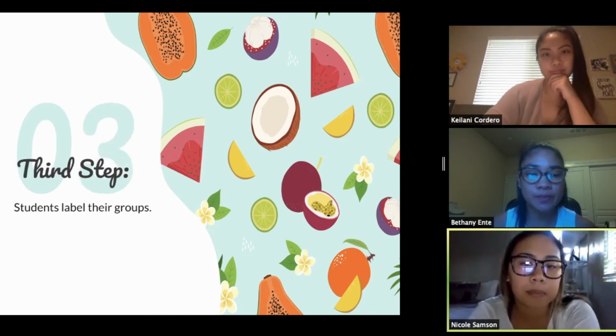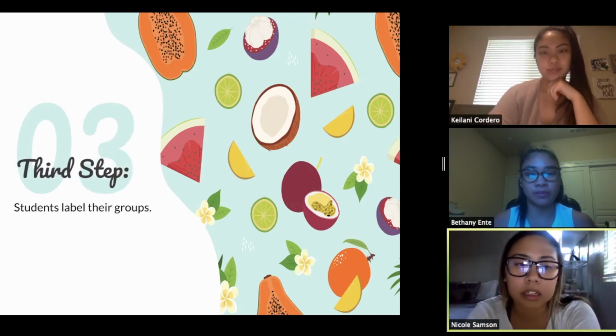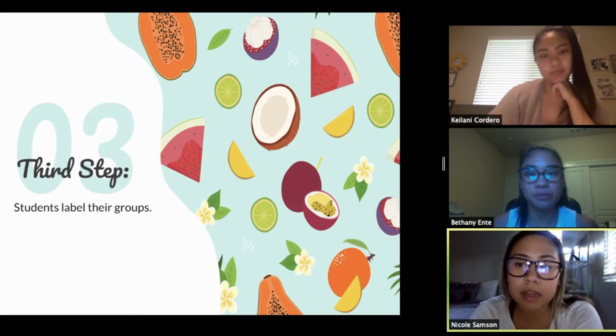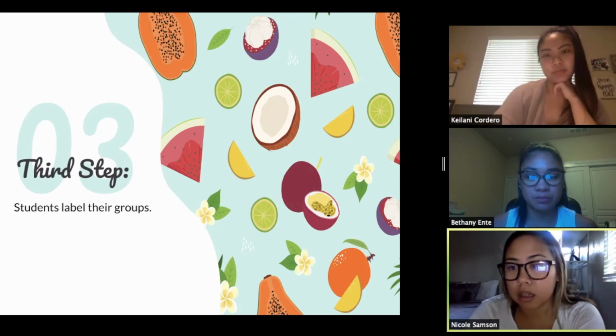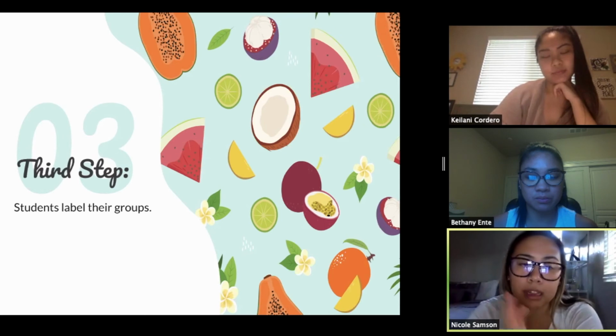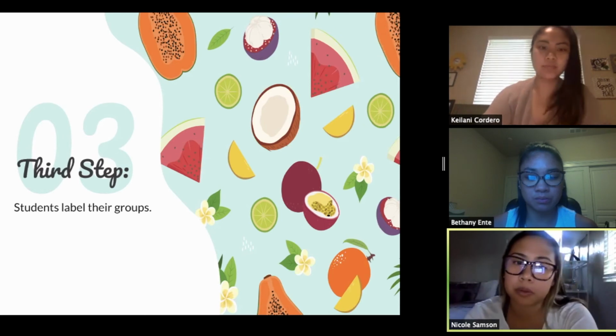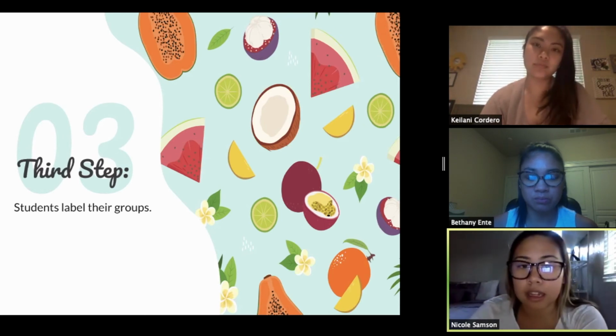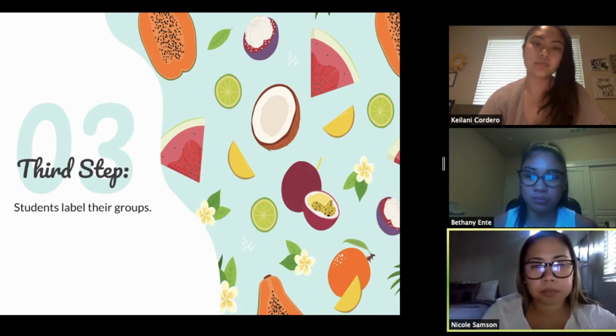Then the next step, after we sorted them by color, we were asked to label them. So we went back to our groups, and we knew that all the fruits and veggies were separated by color. So we went ahead and labeled them by color. So we labeled our first group green, and then the next one, the next one, and the next one.